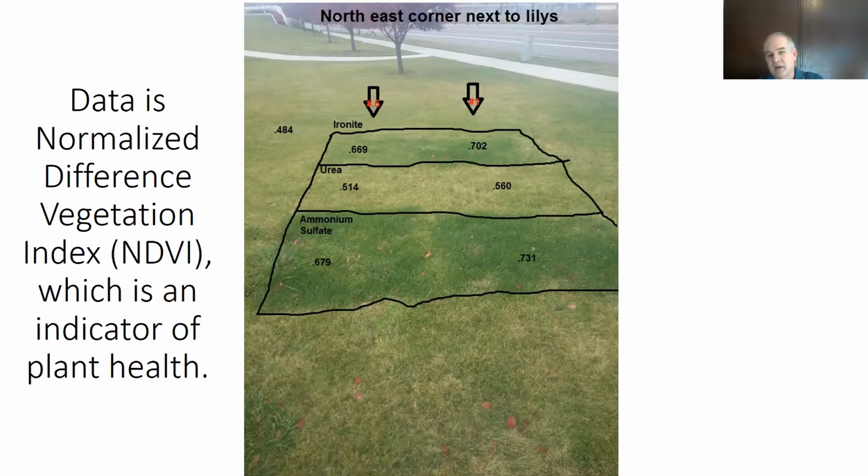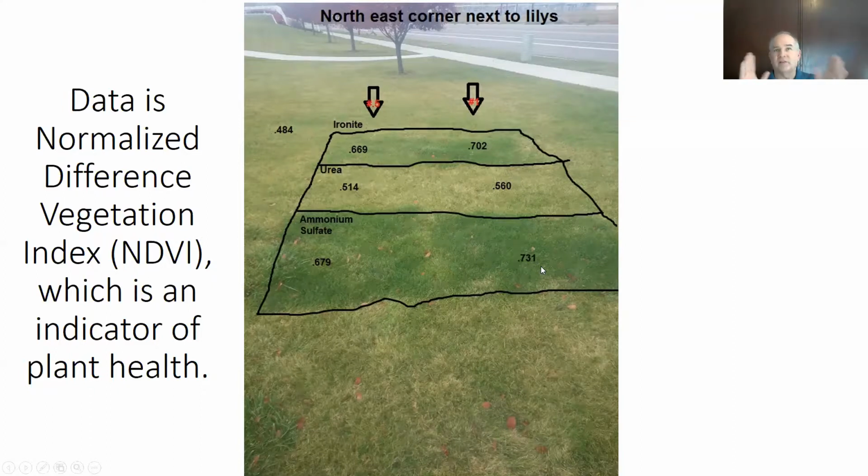The numbers you see there are NDVI. NDVI is Normalized Difference Vegetative Index. It's a nice little tool that we have, and it's not super expensive. It's a measure of plant health, actually greenness. It sort of quantifies what we're seeing with our eyes. So you can see that these greener tissues, like this one here in the bottom right, has got 0.731.